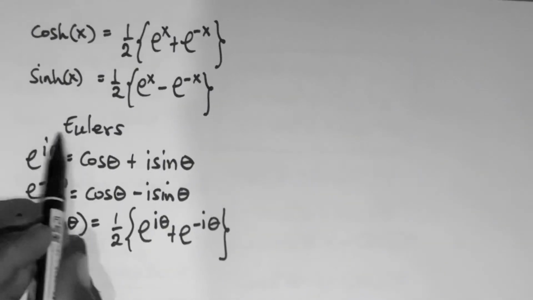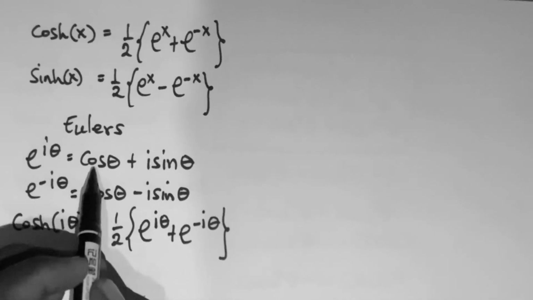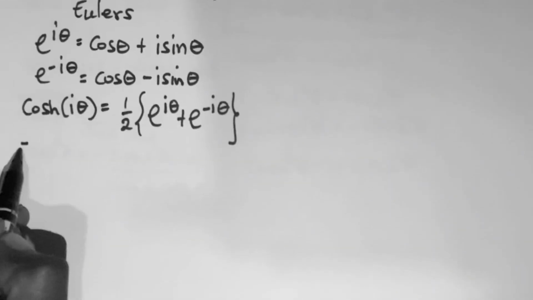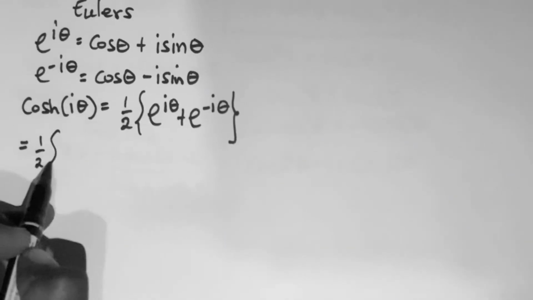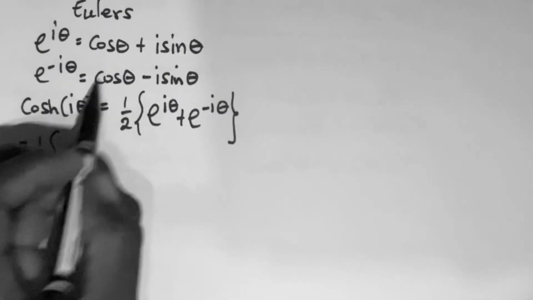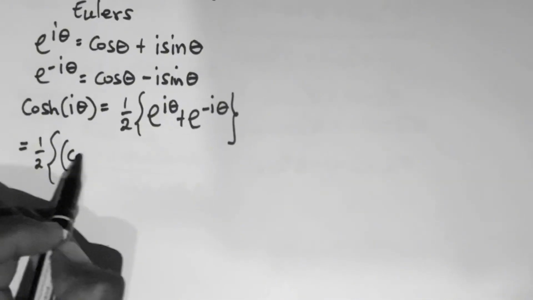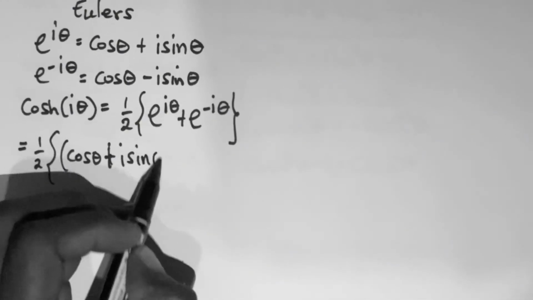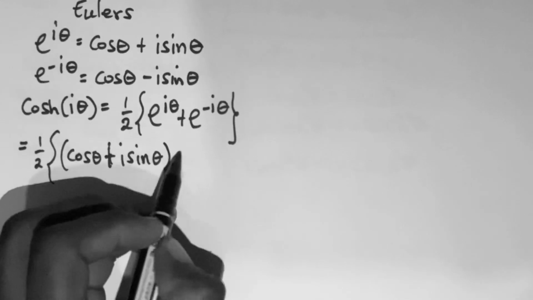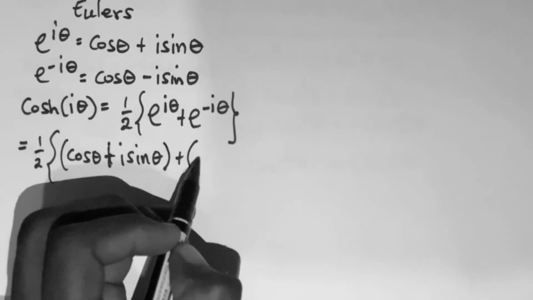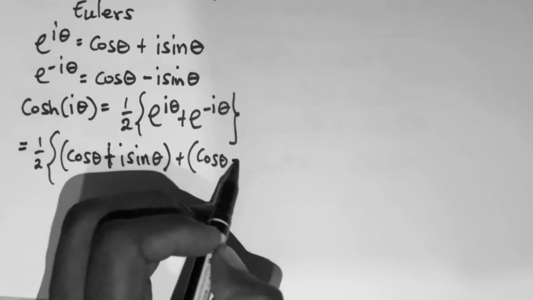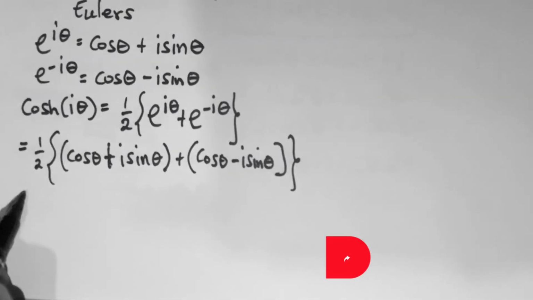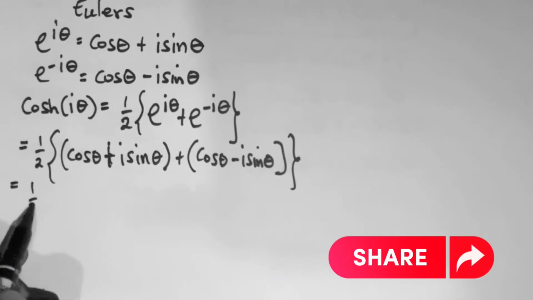But we said that from Euler's law, exponent i theta is the same as cos theta plus i sine theta. So this is equal to half, then exponent i theta is cos theta plus i sine theta, and then plus exponent minus i theta is cos theta minus i sine theta, bracket close. So this is equal to half.